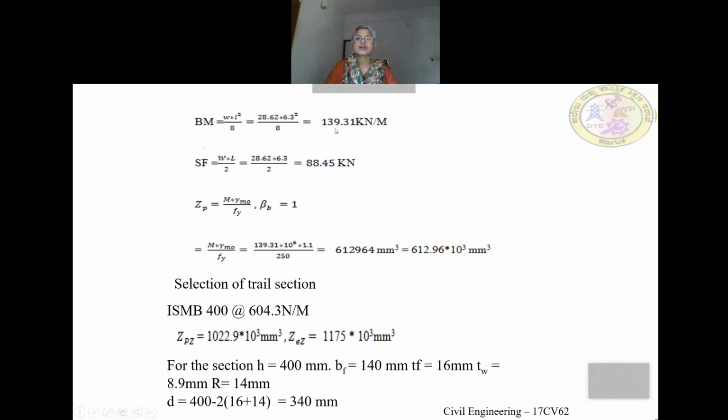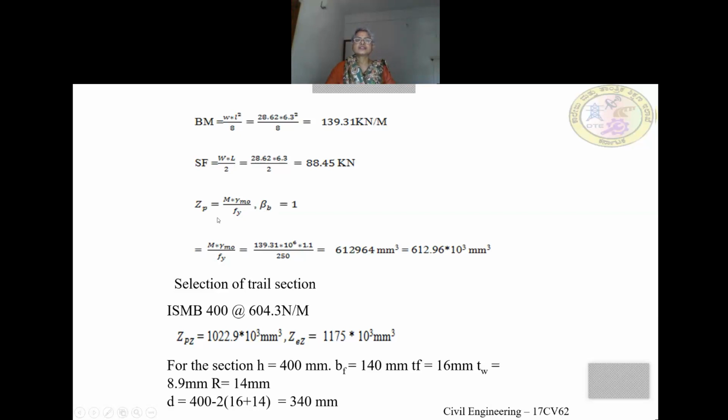This comes to 139.331 kilonewton meter. Not per meter; the unit of bending moment is kilonewton meter. I'm sorry about this. Shear force is WL by 2, which is equal to 28.62 into 6.3 by 2, which is 88.45 kilonewtons.